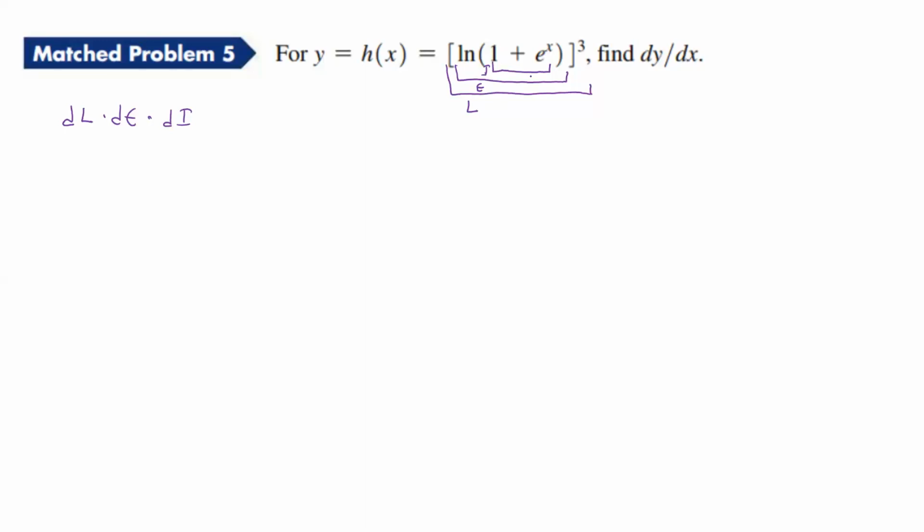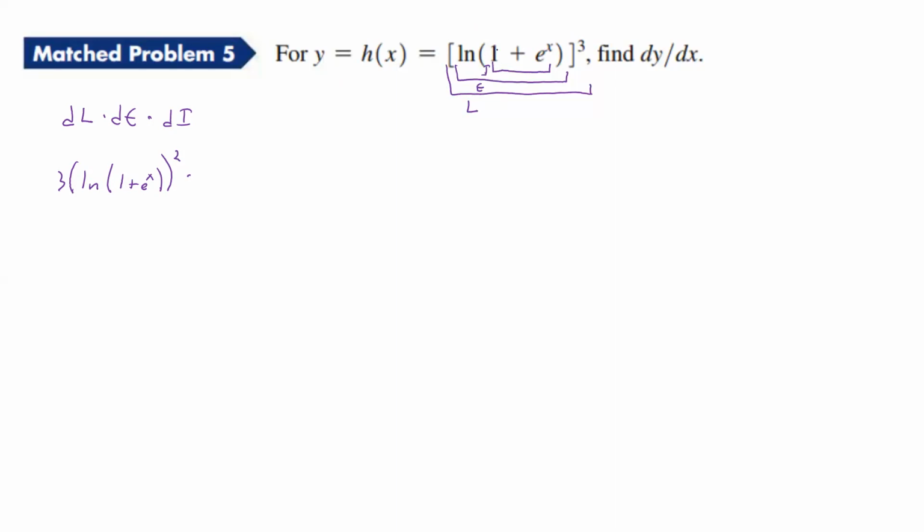First things first, if we look at the very, very outside function, that's going to be 3 brought down here. So it's going to be 3 times ln of 1 plus e to the x, and then the power rule says that's now a 2. Now I'm going to take the next inside piece, the ln of this piece.